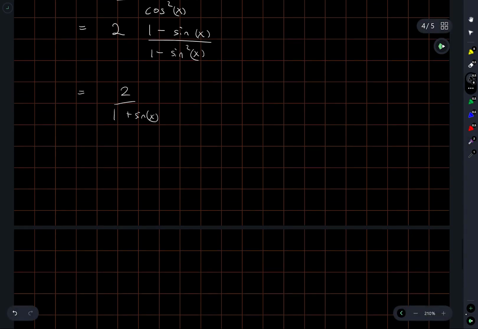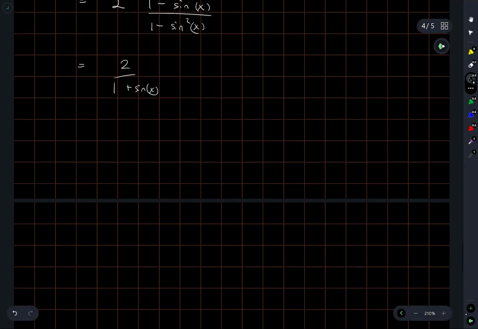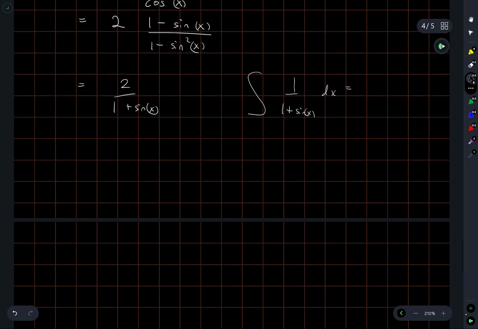In the couple of minutes break that I took in looking up the antiderivative of secant squared, I also found another representation for this integral, 1 over 1 plus sine x. It can also be written as tan of x over 2 minus pi over 4. I'm not sure exactly where this way of writing it comes from.